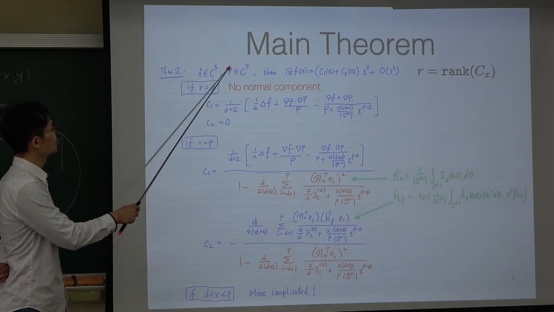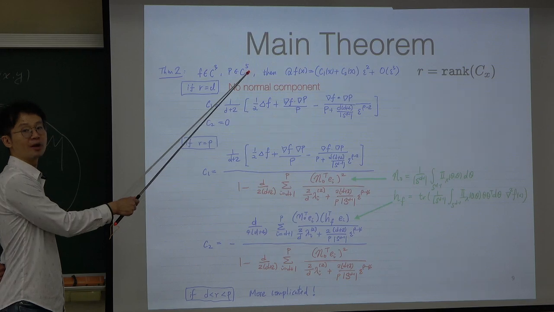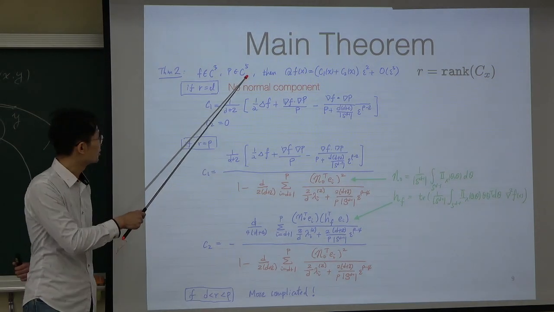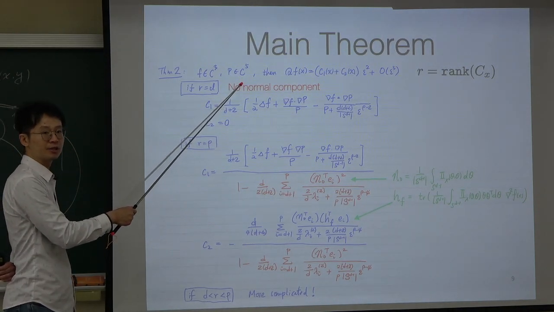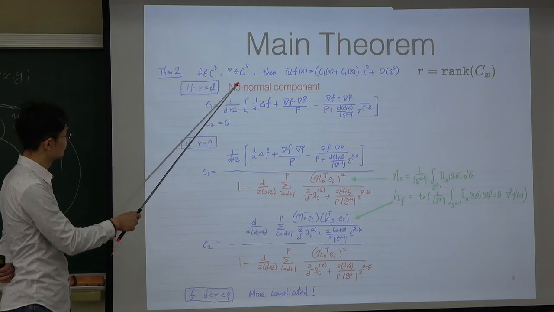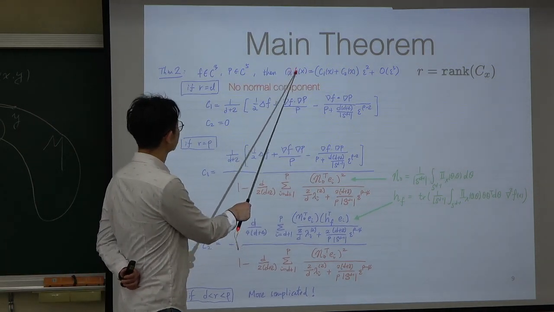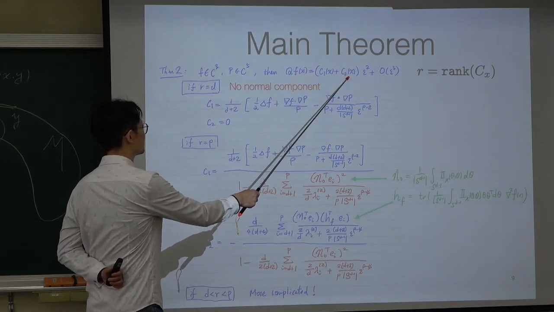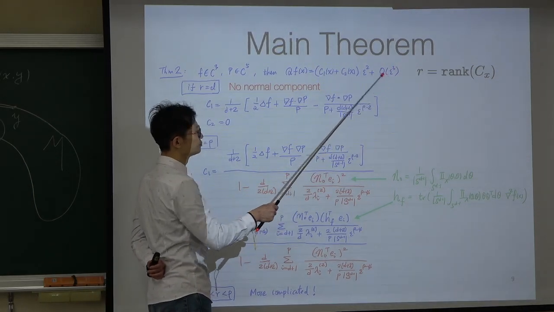We need this C5 regularity because we need to do more expansions to observe how the regularizer and the eigenvalues of the covariance matrix interact. Then Qf of x can be written as C1(x) plus C2(x) times epsilon squared plus higher order epsilon cubed.